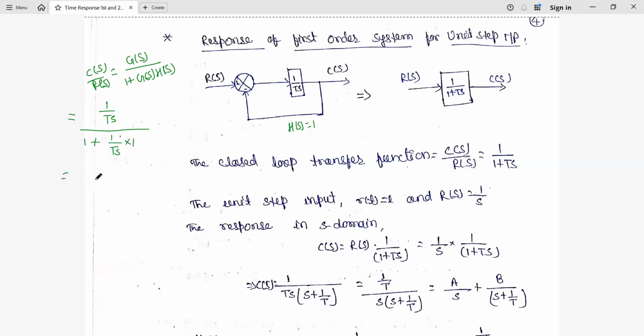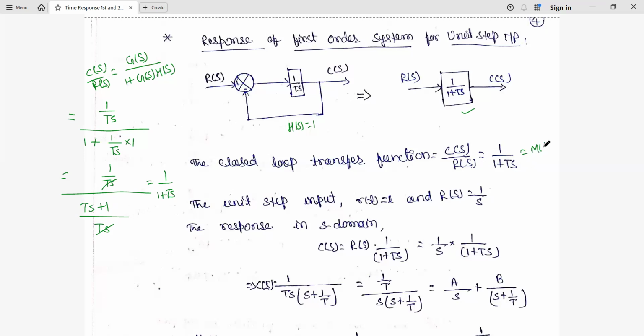Now if we simplify this, we have 1 upon Ts, and in the denominator the LCM is Ts, so we have Ts plus 1. This Ts is cancelled, so we obtain 1 by 1 plus Ts. So the closed loop transfer function now is 1 by 1 plus Ts.